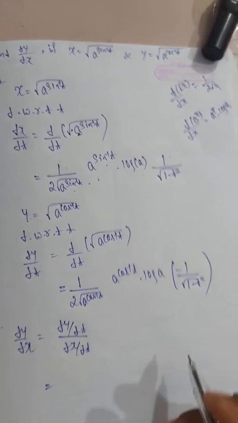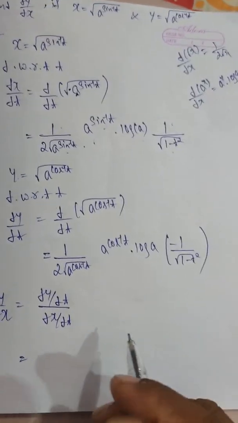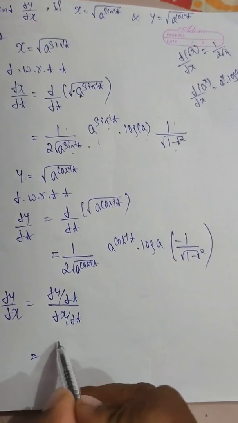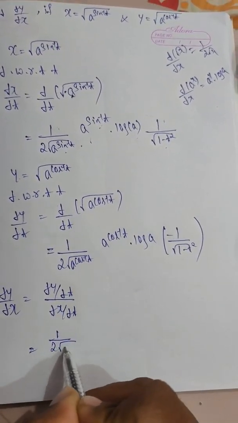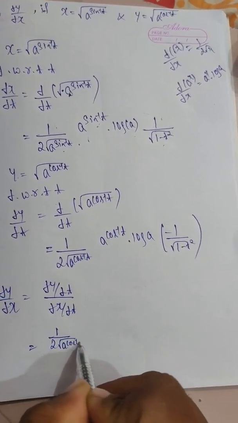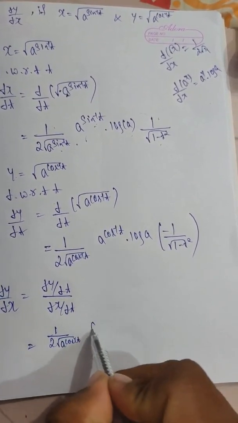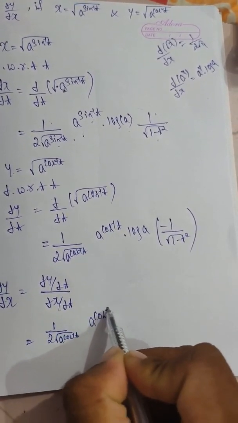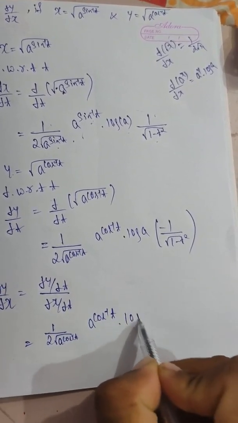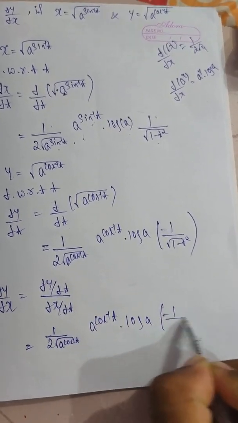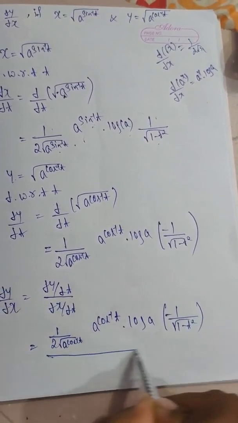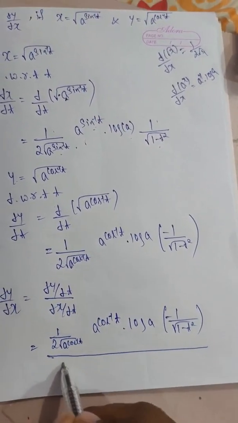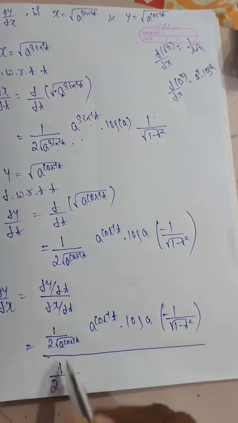Here, what is dy by dt? The dy by dt is 1 by 2 root of a to the power of cos inverse t, into a to the power of cos inverse t into log a, into minus 1 by root of 1 minus t square, divided by dx by dt.